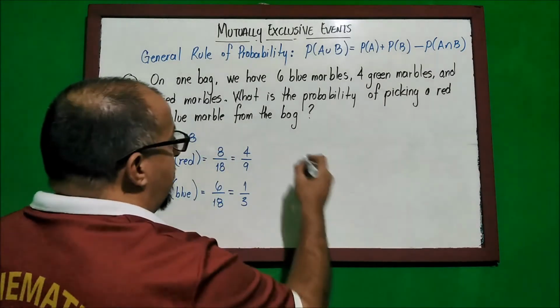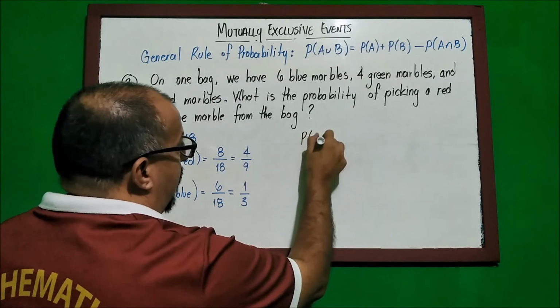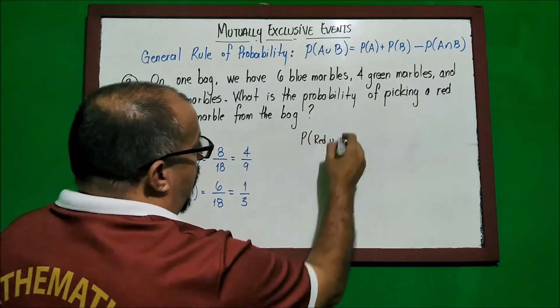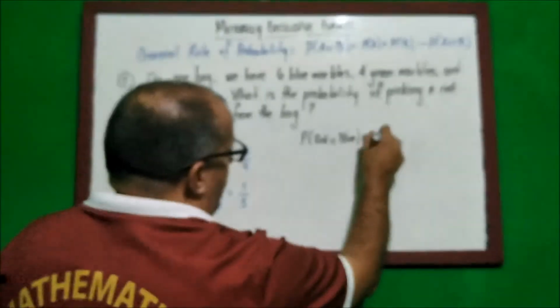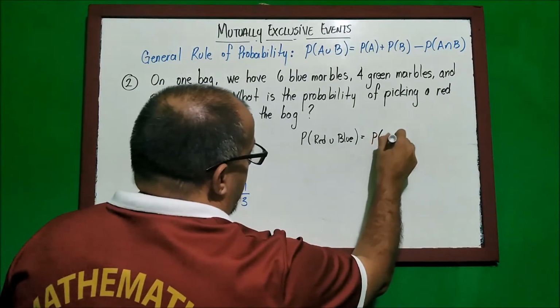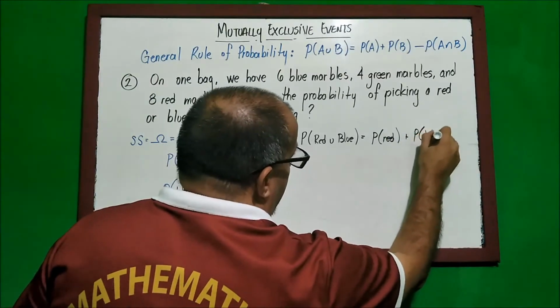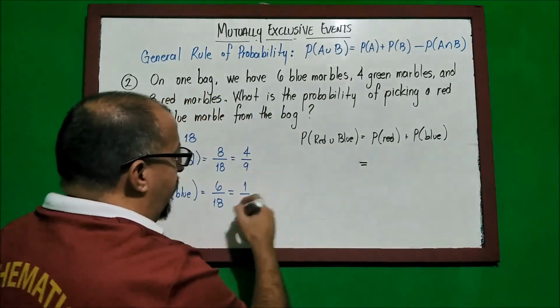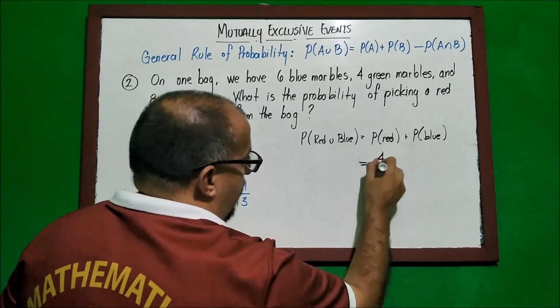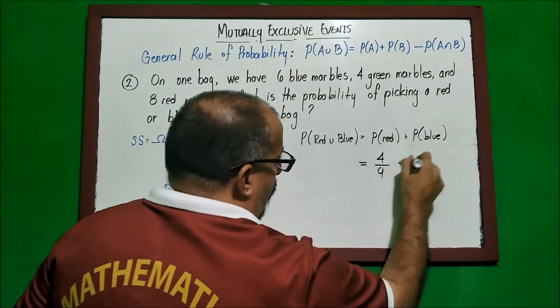Now that I have the two elements in here, it's very easy to apply the formula, because now the probability of picking red or blue will be equal to the probability of red plus the probability of picking a blue marble. So in this case, we're going to have 4 over 9 plus 1/3.